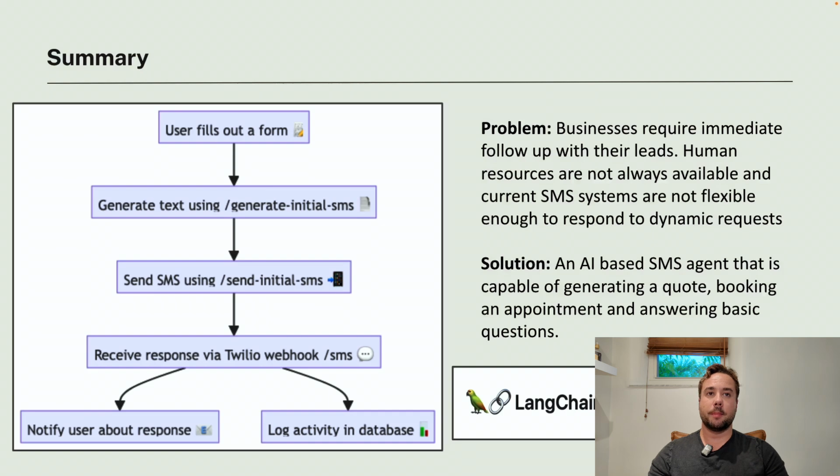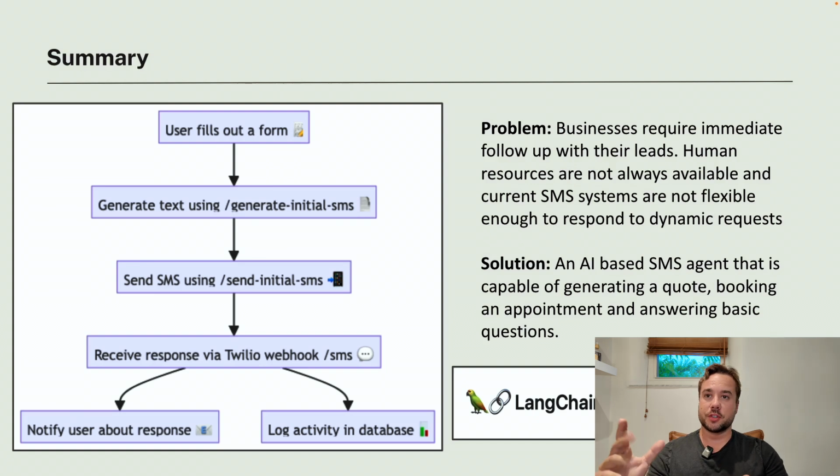As just a basic structure here, what we're trying to do is build an appointment setter. So the user would fill out a form, maybe something on a website or something they see through an ad. And then we have basically three APIs. One of them generates the initial SMS, so it generates the copy of the text. One of them sends the initial SMS, and one of them is just called SMS, and that one acts as a webhook, and it messages back the user.